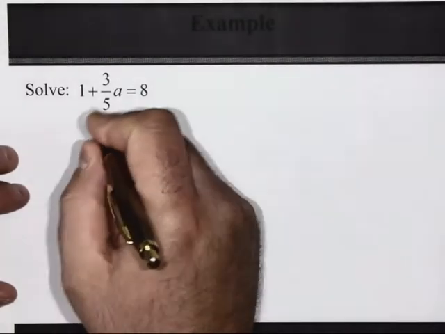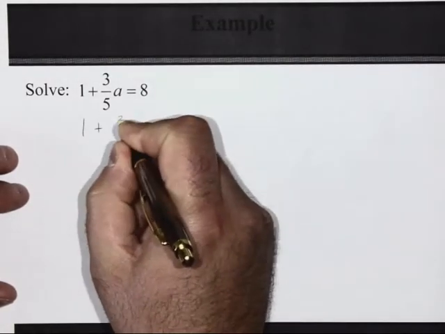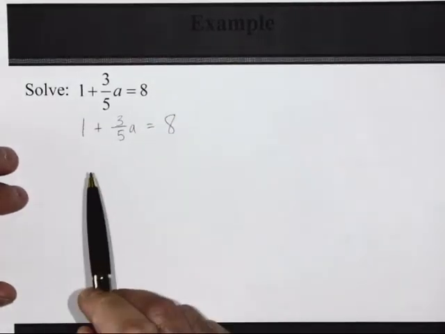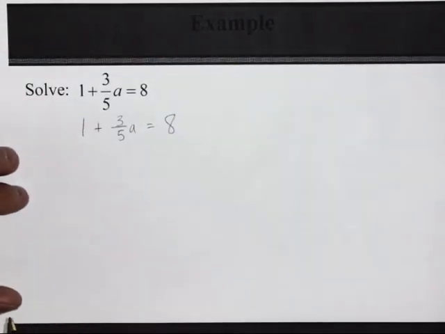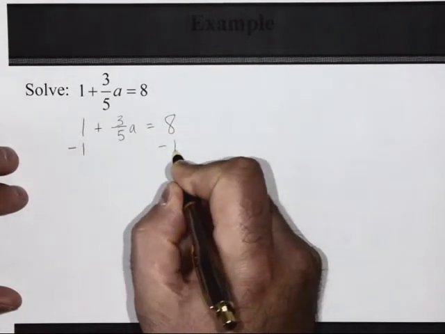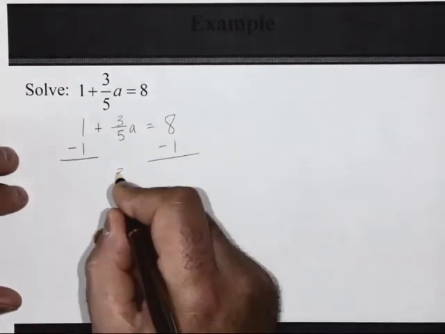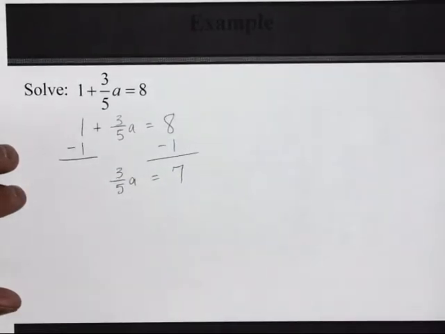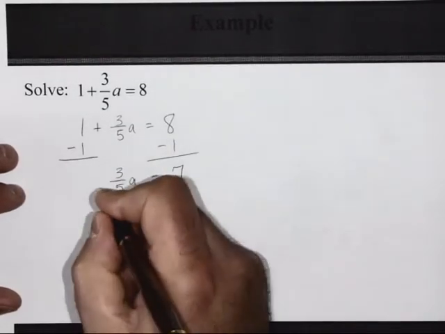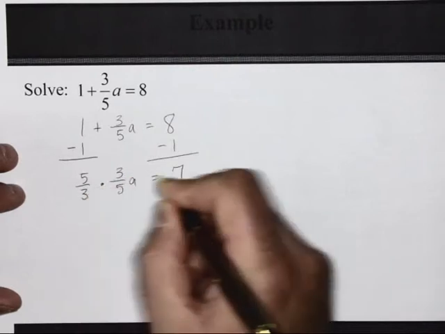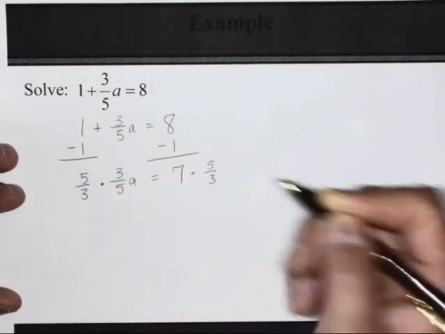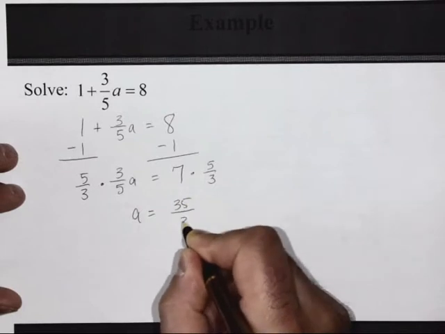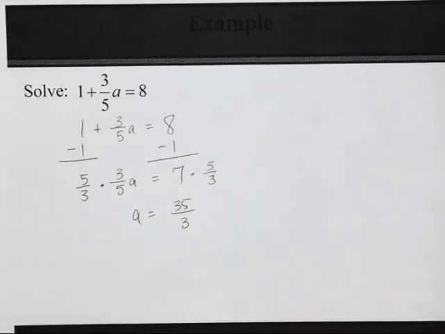What I would do first, one method, there's nothing to simplify here on either side, so we would go ahead and start using our adding, subtracting inverses to isolate a. So subtract 1. Then remember, we can multiply by the reciprocal here to get rid of that fraction. So multiply by 5/3 and we get 35 over 3. So that's one way to solve the problem, probably the easiest way.